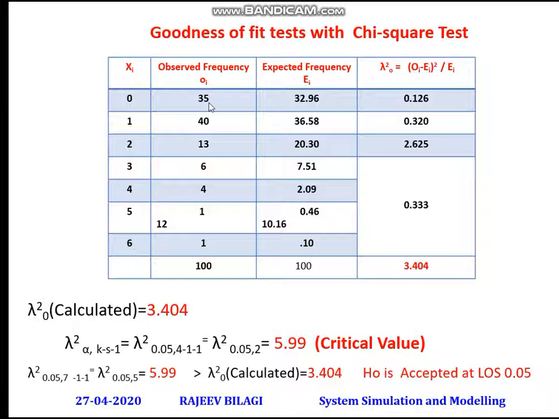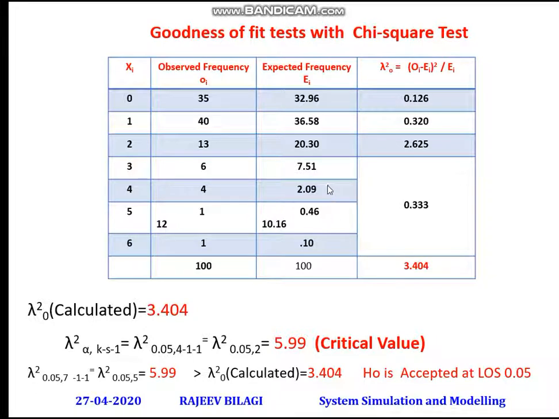Now the observed frequencies I have calculated here: 35, 40, 13, 6, 4, 1, 1. The corresponding expected values are what we have identified like this. But if you look here, the expected values 2.09, 0.46, 0.10, even if you add all these three, will not be more than 5.